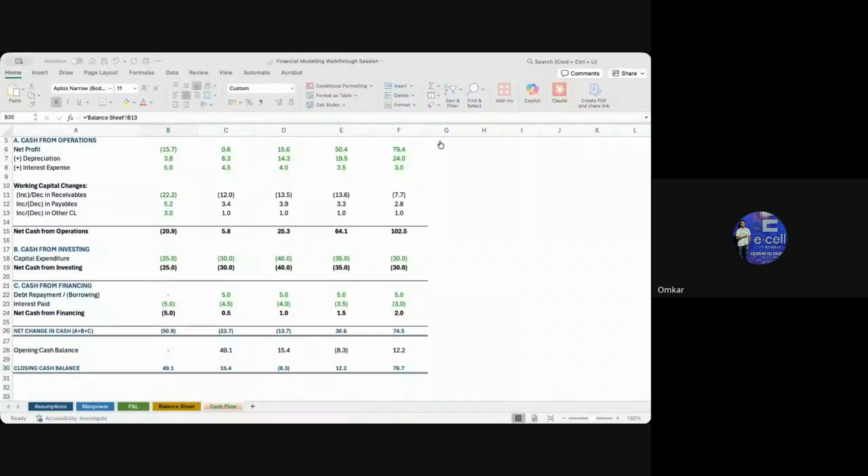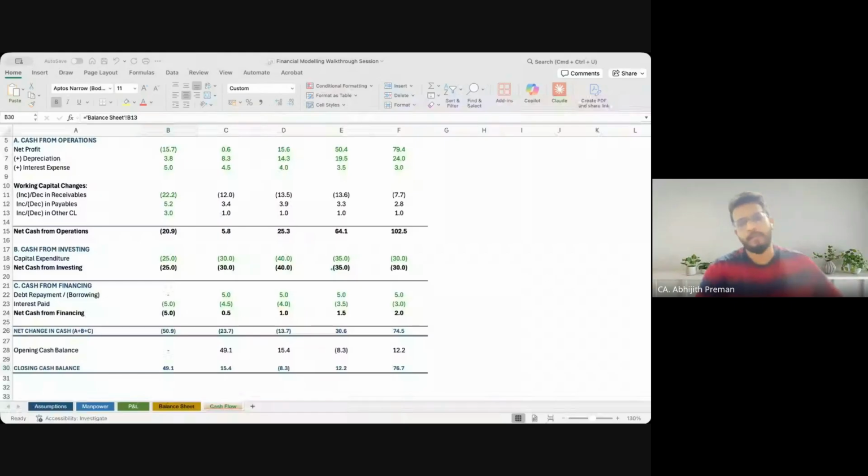If a company's reserves are increasing, does that mean the company is doing well in cash flow? Is my thinking correct? Broadly, yes. But it doesn't always mean the company is doing well operationally, because reserves can also increase if you are raising investment from an investor.